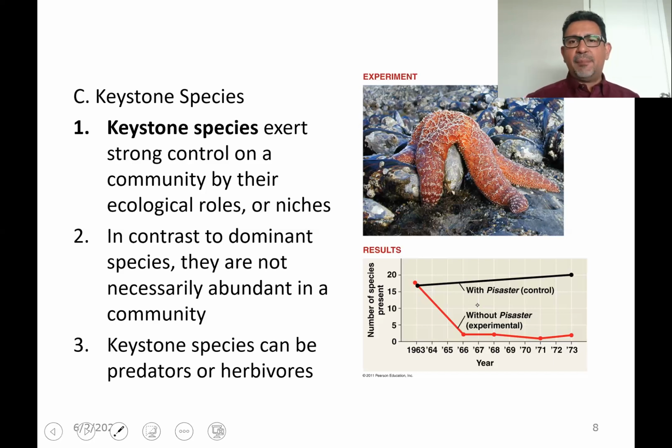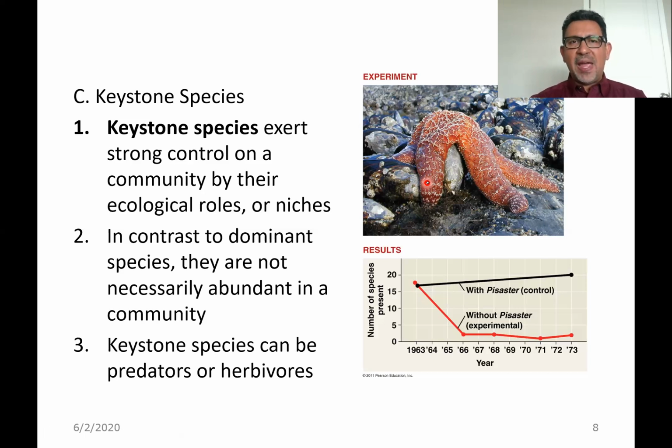Take a look, for example, at this animal here in the picture, which is the ochre sea star. This is the result of a classic study in ecology where, in the 1960s, most ecologists used to think that the diversity of a community was regulated by the producers, by the members that are using photosynthesis to make food for everything else.